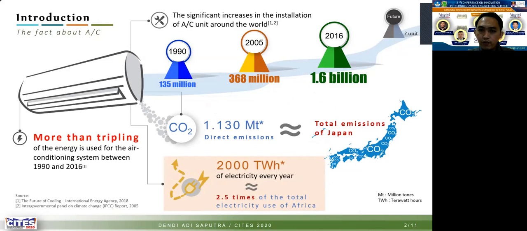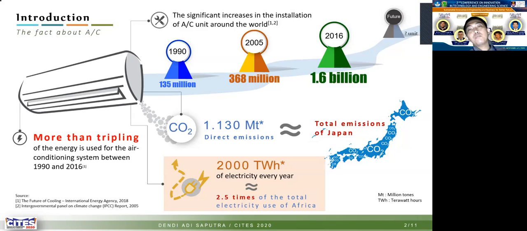The use of air conditioning systems with vapor compression will result in bad effects. One of them is CO2.